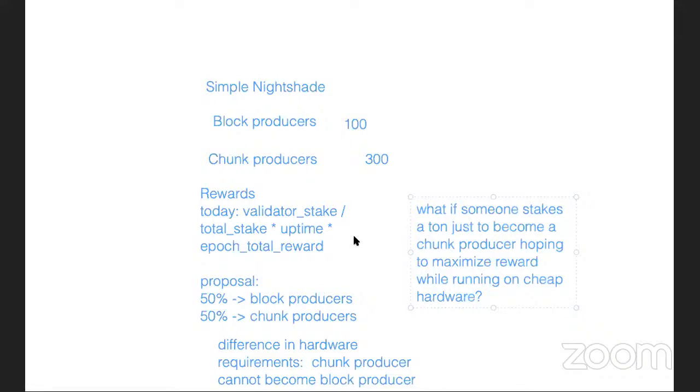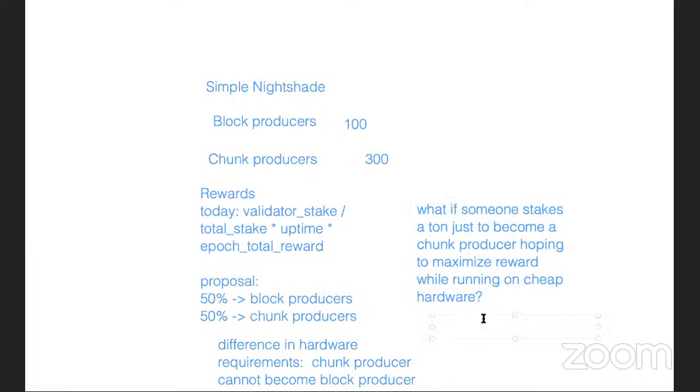So it's your idea that chunk producers can get less than 50% of the reward, and whatever is left will go to block producers. Well, if chunk producers have less stake and less hardware requirements, it makes sense that they earn less.